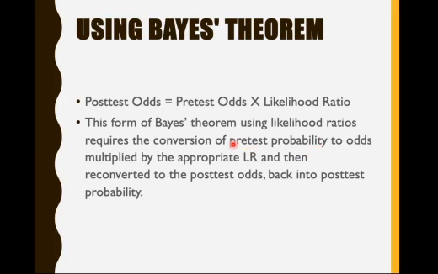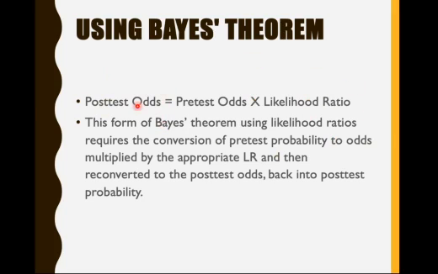The pre-test probability, which we told you is the initial subjective clinical impression of the physician, you convert to odds, and then it becomes the pre-test odds. Then you multiply that by the calculated likelihood ratio.